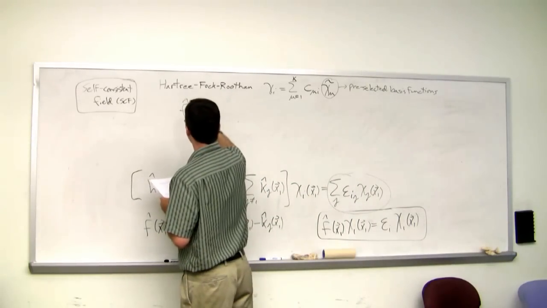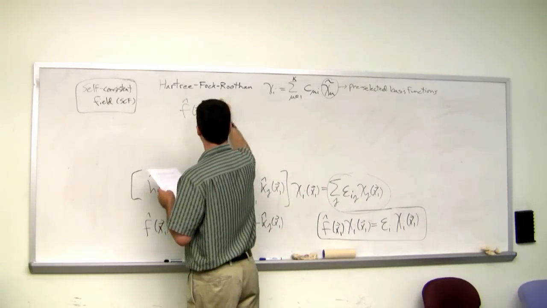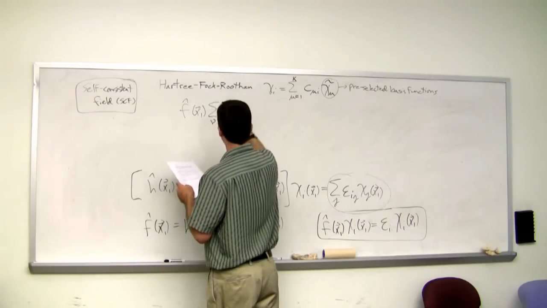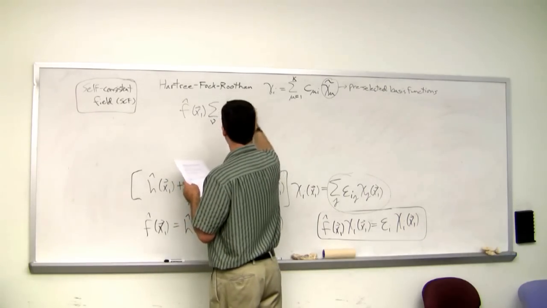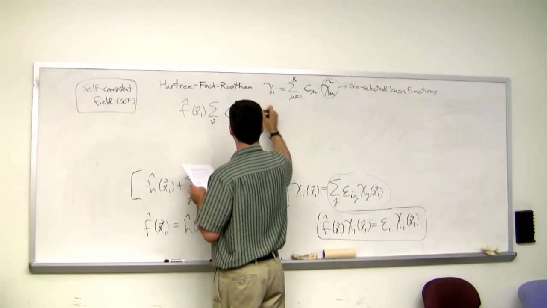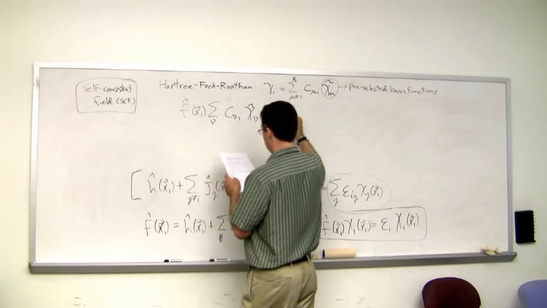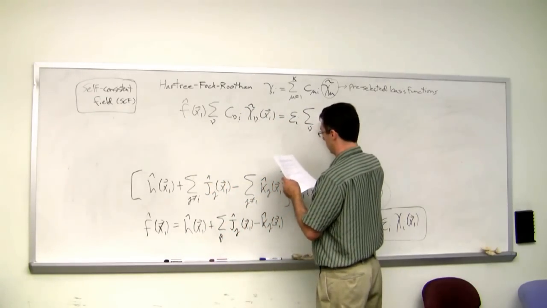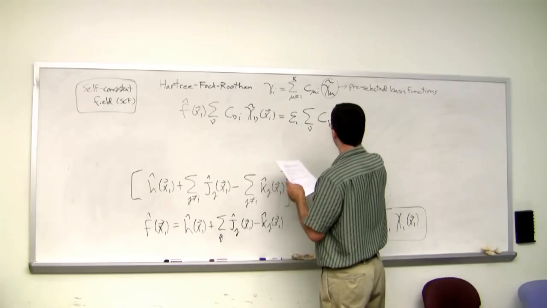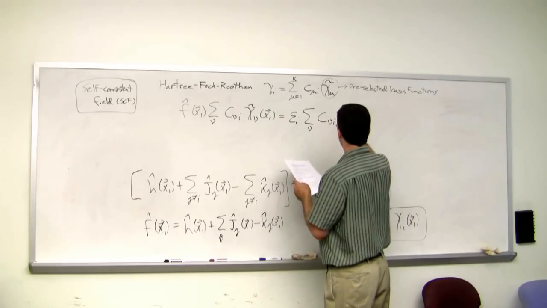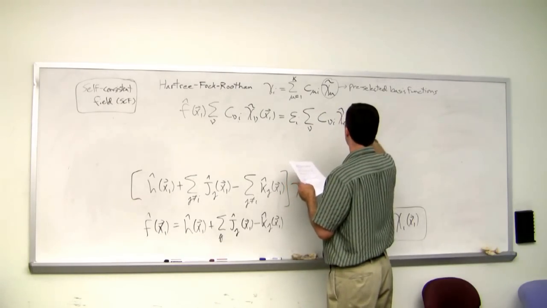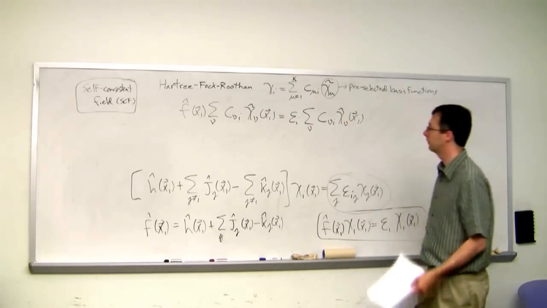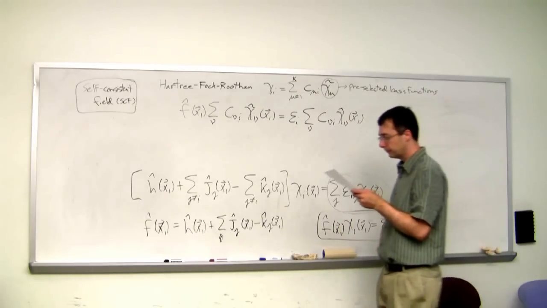The Fock operator acts on some sum, I'll call this one nu, c nu i chi nu tilde, equals epsilon sub i, sum on the right, call that nu, but it's a different sum, c nu i chi nu tilde of x1. That's what happens when I substitute this expansion into the Fock equation.